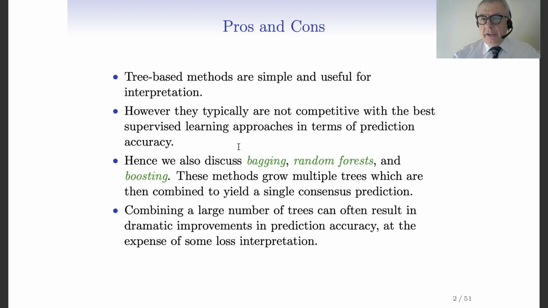As a rule, they are not as competitive as other methods that we could apply to solve our regression and classification problems. However, in this chapter, we will also see methods that use trees, under the names of bagging, random forest, and boosting, that by growing multiple trees can be rather effective and competitive with more advanced methods that we have already seen and will see later.